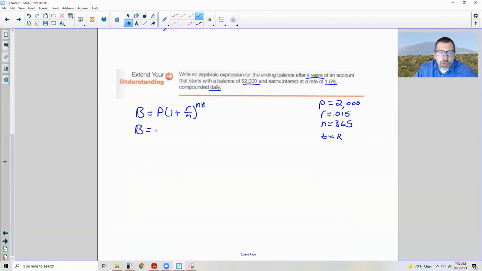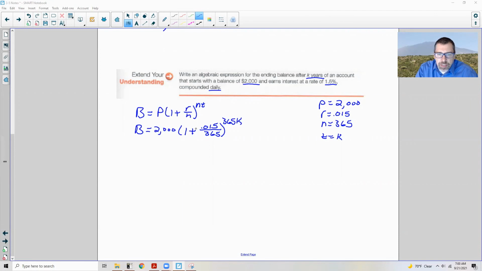So our balance is going to be the principal, 2,000, times 1 plus 0.015 over 365, close the parentheses, to the power of 365 K. Okay, so I could simplify that a little, but not really.